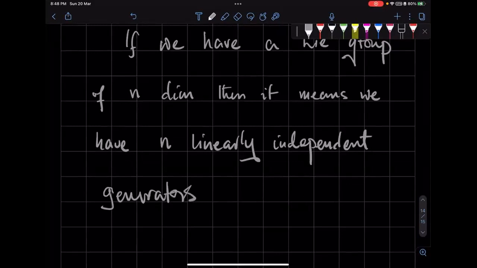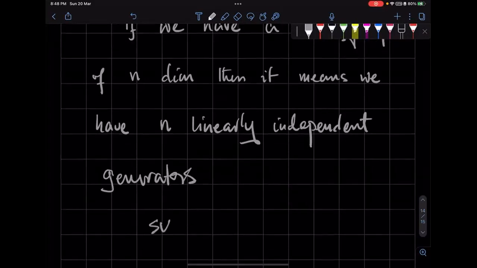So that's why the counting is important, because SU(N) has dimension n squared minus 1. And we know that the generators of SU(N) need to be Hermitian and traceless.